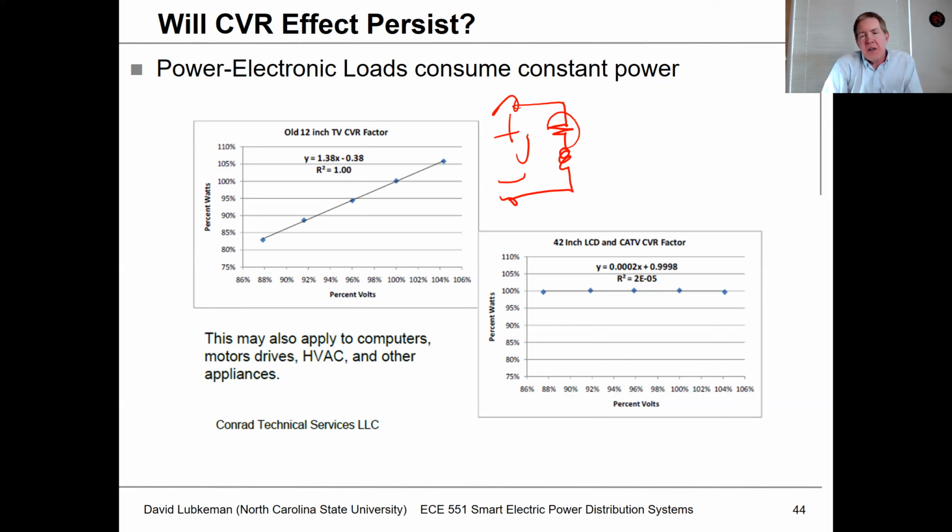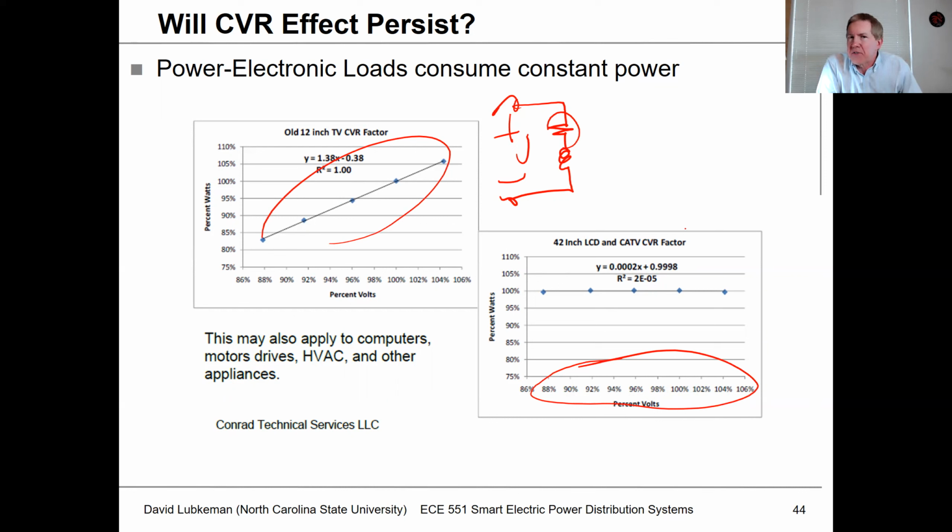Well, what you're going to see now that we're moving to power electronic based devices, where everything used to be sensitive to voltage, like the old tube TVs or the TV sets with older types of power supplies, is that if you adjust the voltage on a newer type of TV set, it doesn't change the power consumption any, because the power electronics is compensating for the change in voltage.